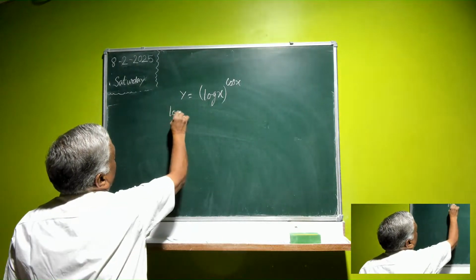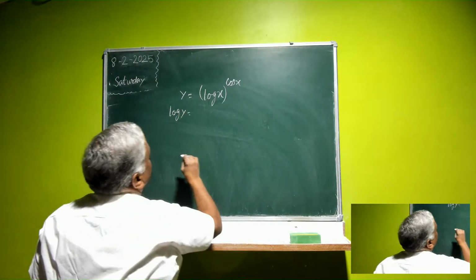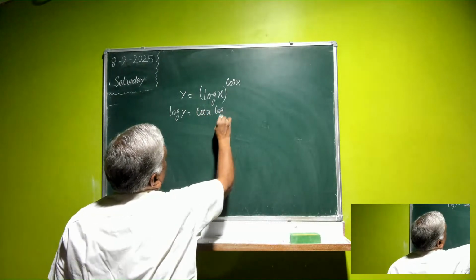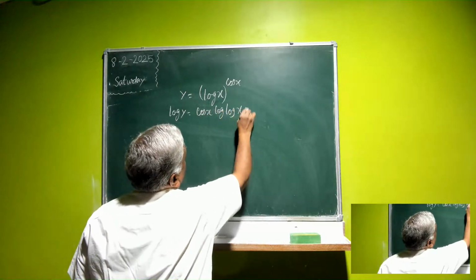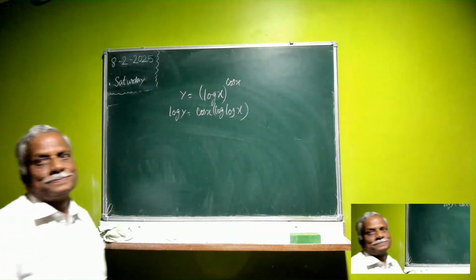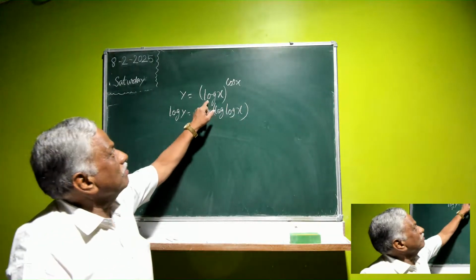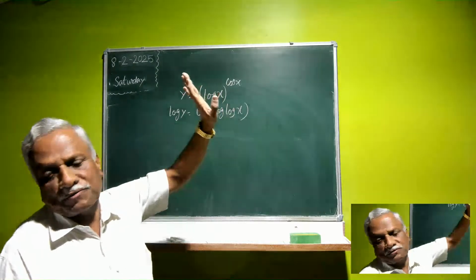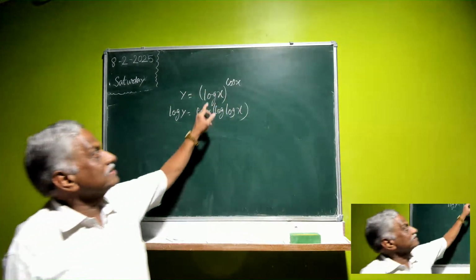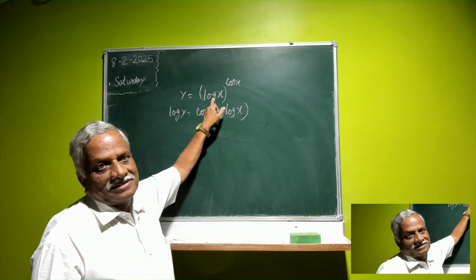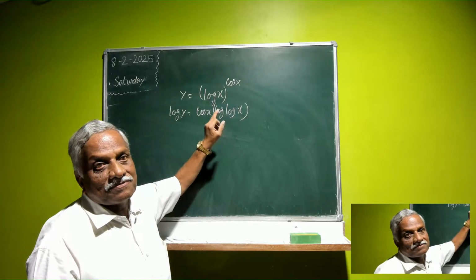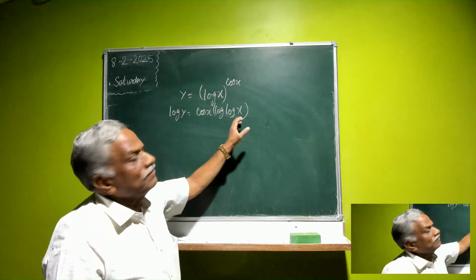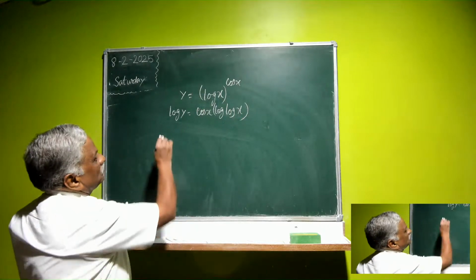You will take log y. It is cos x log of log x. Here you have to be careful. The previous problem, it was log sin x because they are given sin x to the power of cos x. Here it is log x. So here chances of going wrong is there. So this you can call it as m. So log of m, log of log x. So 1 over y.